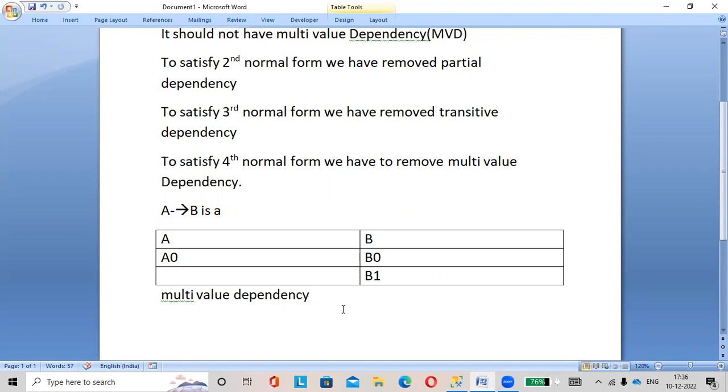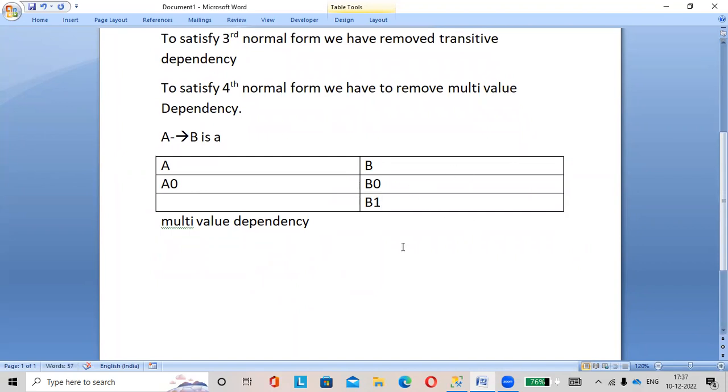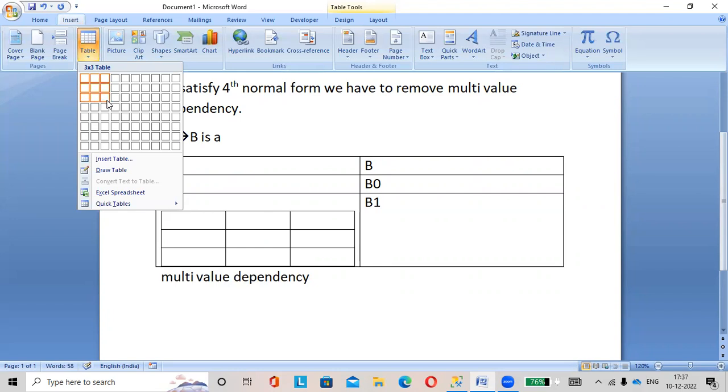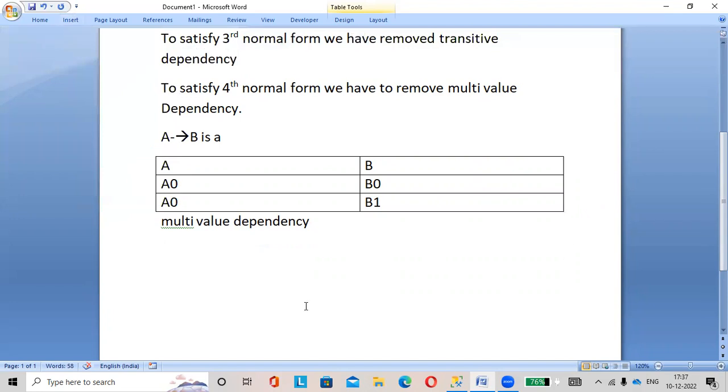This is known as multi-value dependency. For two rows, we can adjust it. How can we adjust? Here also we can mention A naught. So we have adjusted it. But if it is three rows, it is difficult for us to manage. Consider a three rows table.